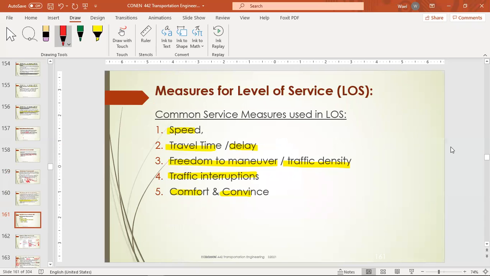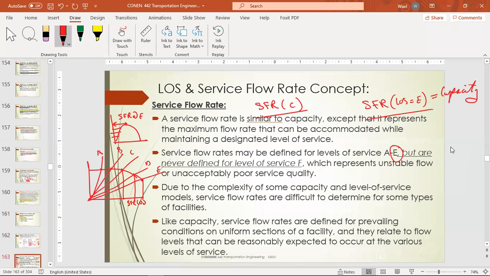The common service measures are basically speed, travel time, and delay. Freedom to maneuver is basically traffic density, traffic interruptions, comfort and convenience. These are the primary service measures used to determine the level of service.